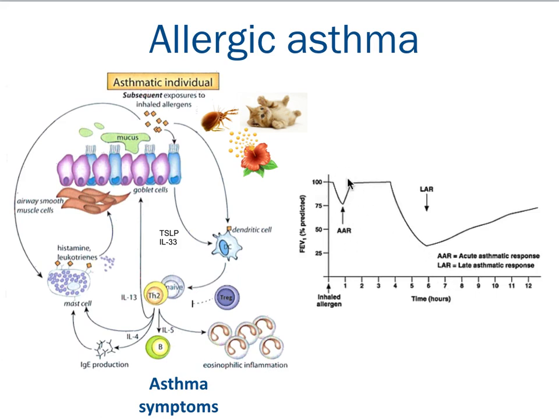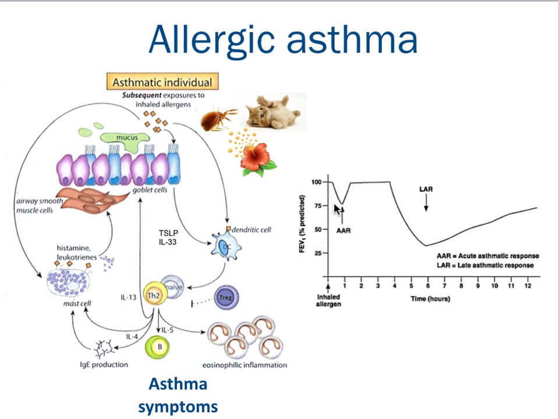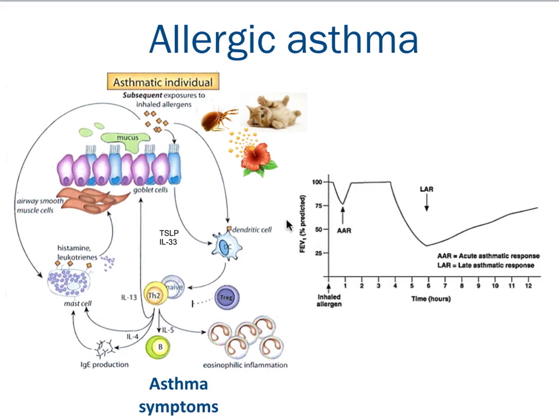And this early acute response is being caused by the mast cells and the eosinophils that are present in the lung that start degranulating and releasing toxic molecules that will lead to the contraction of airway smooth muscle cells and subsequently make you lose lung function, because the y-axis here is lung function, so you feel short of breath.